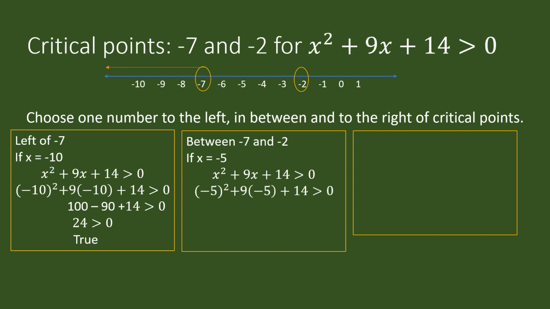It will become the square of negative 5 plus 9 times negative 5 plus 14 is greater than 0. The square of negative 5 is 25 and 9 times negative 5 is negative 45. 25 minus 45 equals negative 20 plus 14 equals negative 6.